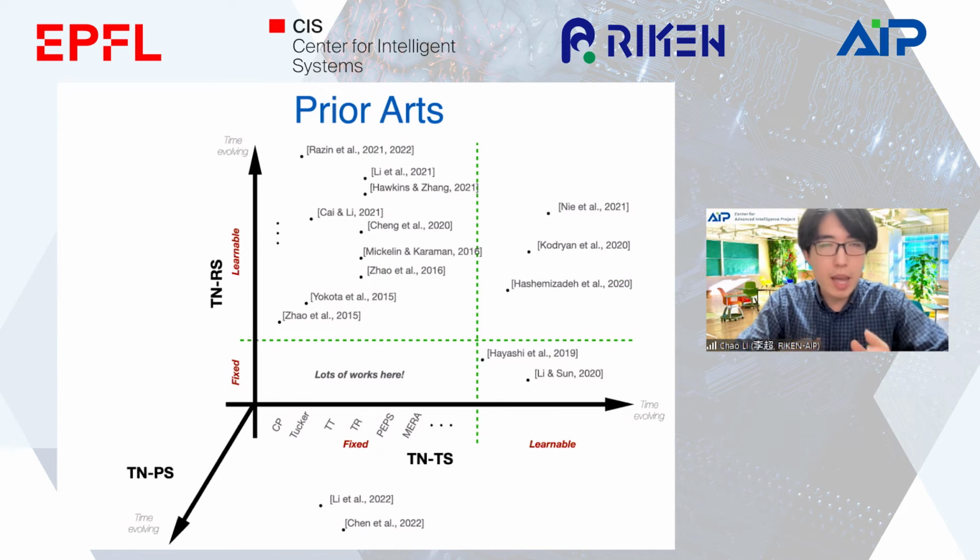this problem has been conceptually discussed by tensor researchers for a really long time, and most recently, Chen and his co-authors from Duke University theoretically proved that the optimal permutation for tensor train and tensor ring is identifiable.